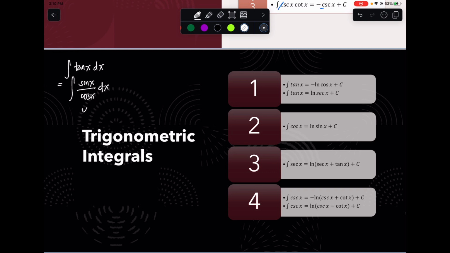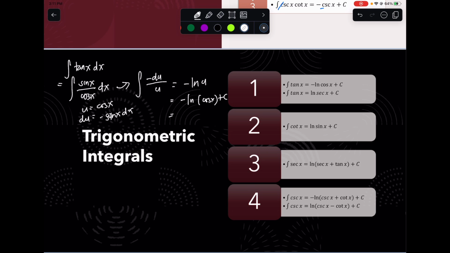If I let u be cosine x, then du will become negative sine x dx. Once I transform this, it is the same as negative du over cosine x, which is u. So negative du over u is the same as negative ln u, wherein u is cosine x. So that is why we have here negative ln cosine x plus c.